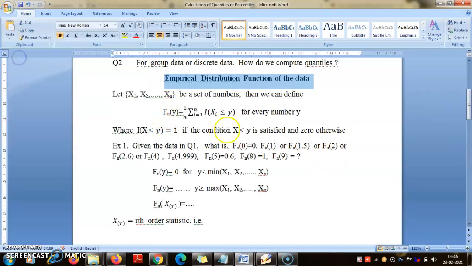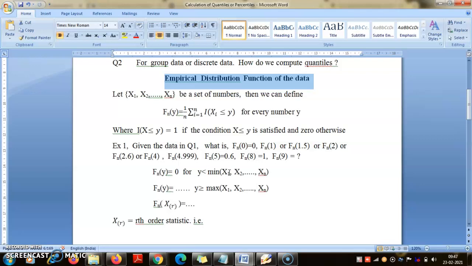So let me tell you how this empirical distribution function looks like. If I am plotting y along the x-axis and Fn(y), that is the values of the empirical distribution function, along the y-axis, then for y less than the minimum it is 0. Then when y is equal to the minimum, it will jump up to 1 by n.